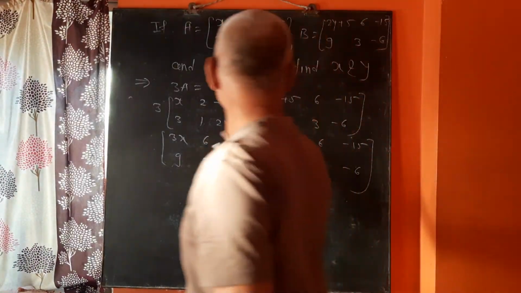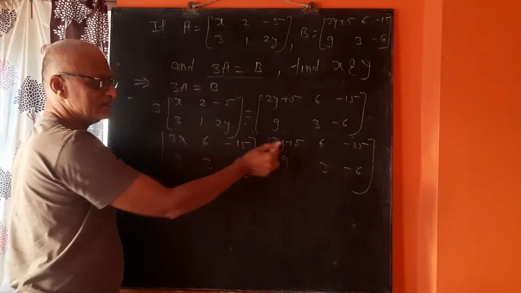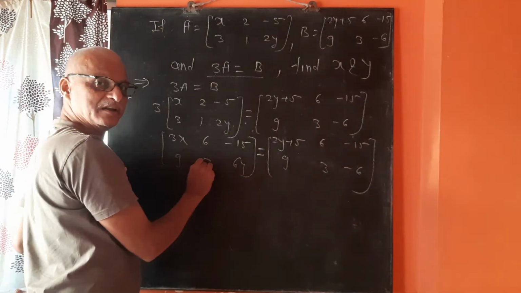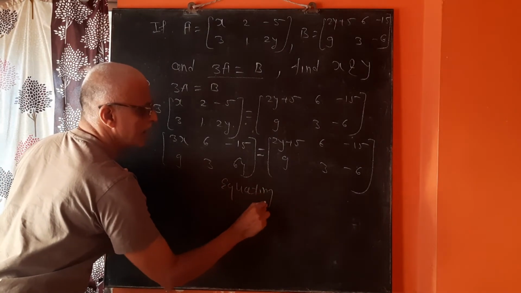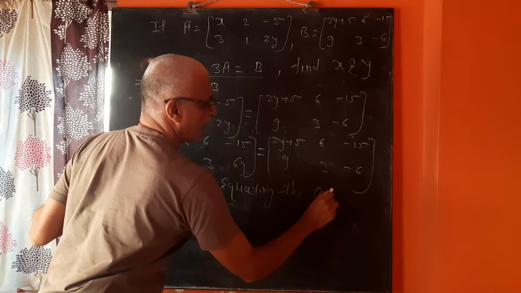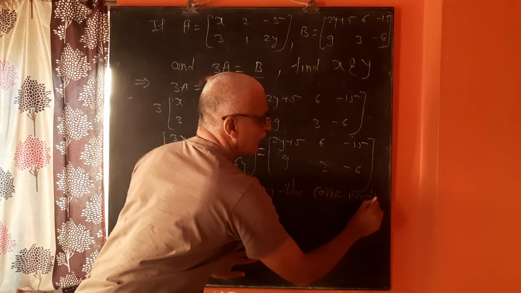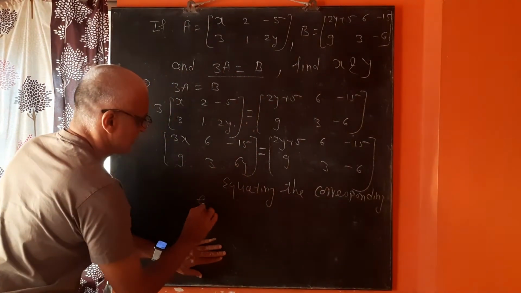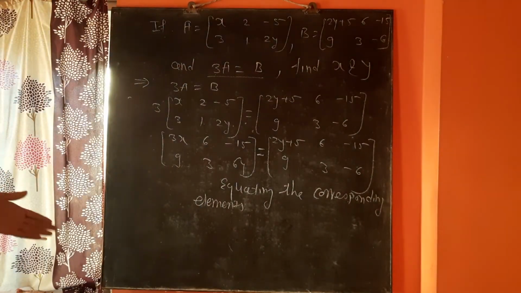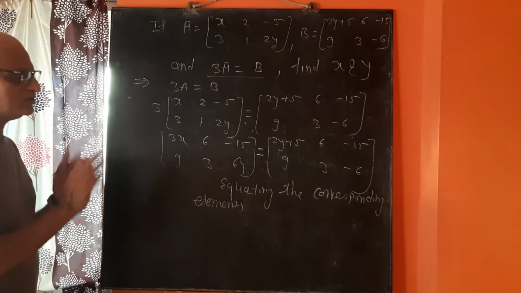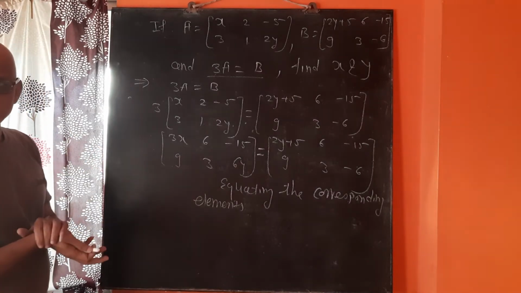So, since the matrices are equal, we can equate the corresponding elements. Now we only have to find the values of x and y, so we equate where the x and y terms are. See here, corresponding elements should be the same.